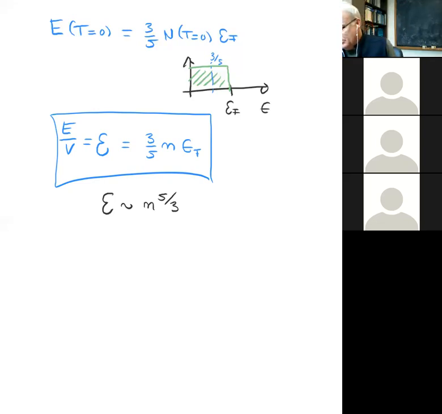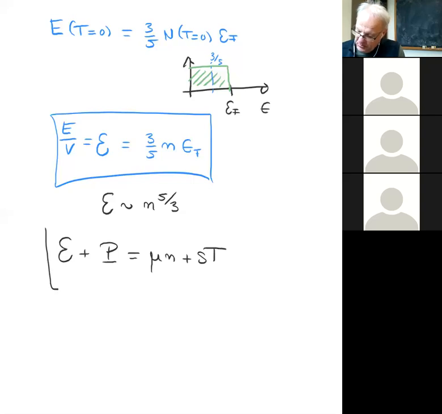So this brings me to the fact that, now that we know what the energy density is, we can also try to figure out what the pressure is. And the easiest relation to use for that purpose is something that you should be able to find in your notes somewhere, which is that we observed at some point that the energy density plus the pressure is equal to mu times N plus S times T. So I think I assigned that as a homework problem at some point.